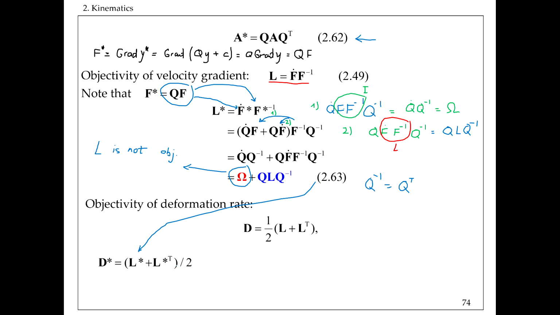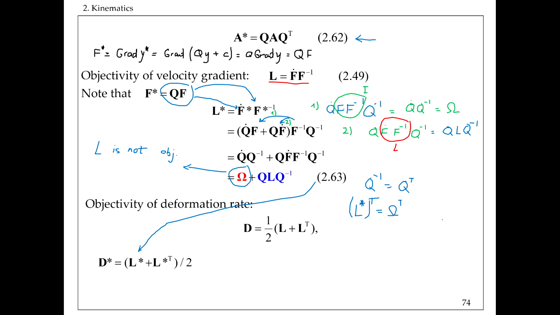So we'll have the rigid spin transpose, omega transpose, plus, and we will need to transpose this whole thing here. Let's write here L star transpose. If we take 263 and transpose that, it will be the spin transposed, and then we'll need to transpose this whole thing.